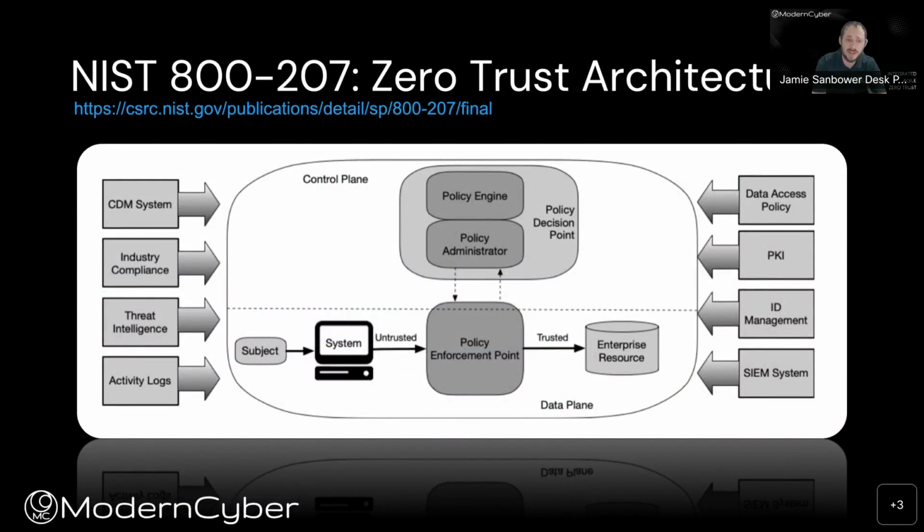We've got our policy information points, which are really those devices on both sides of the diagram that are influencing the policy engine, the policy decision point, and that policy administrator. And what this does is it's bringing in context, it's bringing in risk and vulnerability data and security incident data so that the policy engine itself can establish whether or not something should be allowed or denied based on least privilege principles and based on risk.